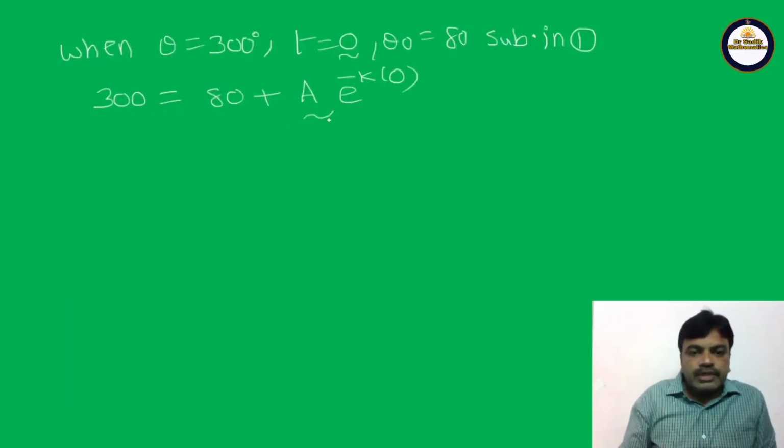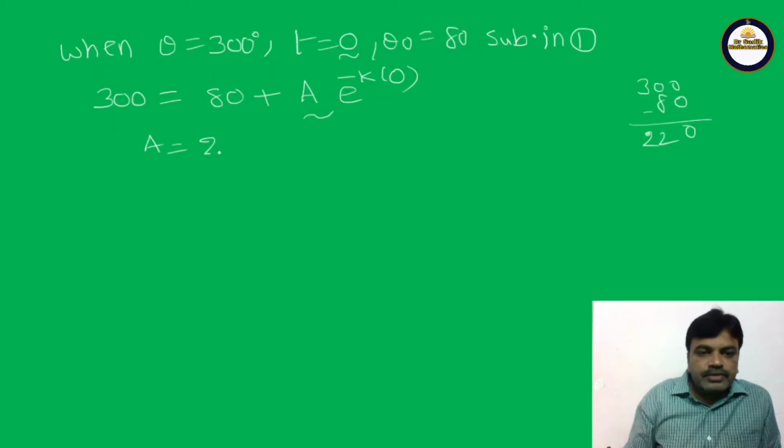So here we get the A value: A is equal to 300 minus 80, that is 220. So the A value is 220.